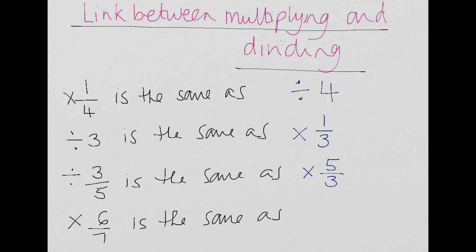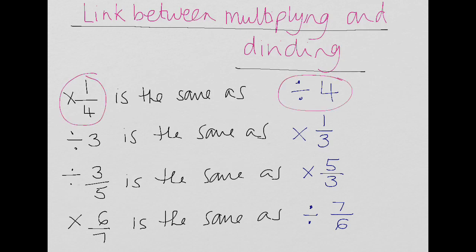Now multiplying by 6/7 is going to be the same as dividing by the reciprocal of 6/7. What's the reciprocal of 6/7? 7/6.